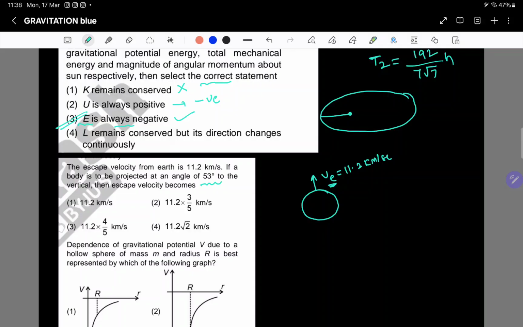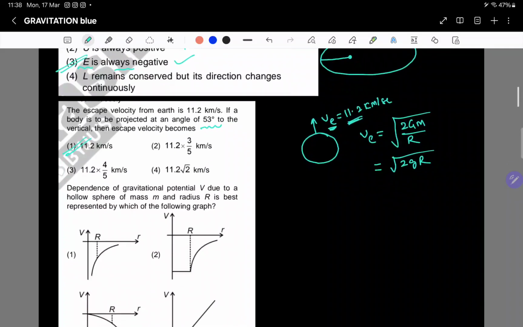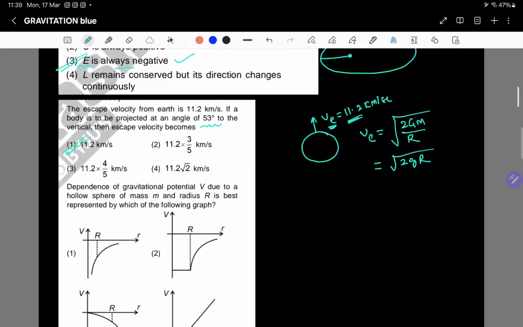If it is projected at 37 degrees, 53 degrees, 45 degrees, whatever it may be, it remains constant at 11.2 km per second. Escape velocity is under root of 2GM by r, or under root of 2gr. So it does not depend on angle here. So 11.2 km per second, the first option is only correct. Yes, a little easy question this one.